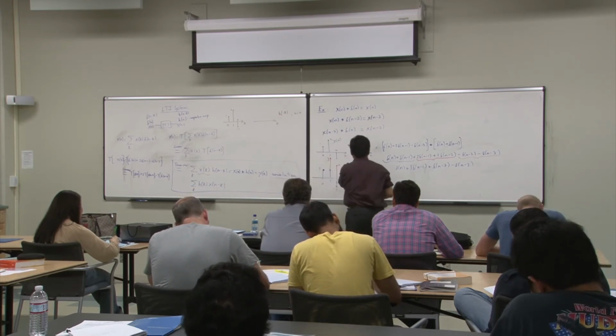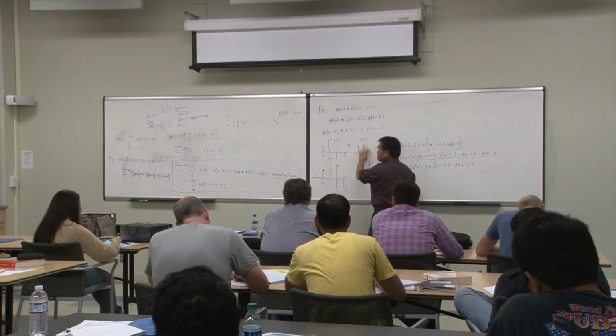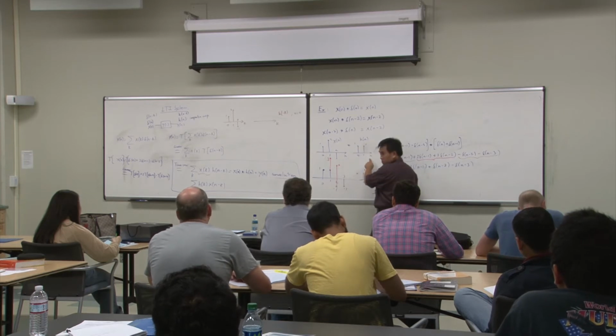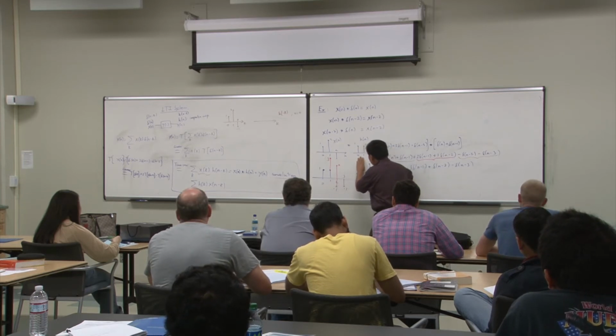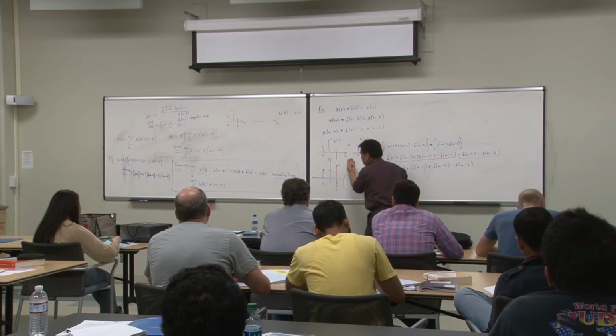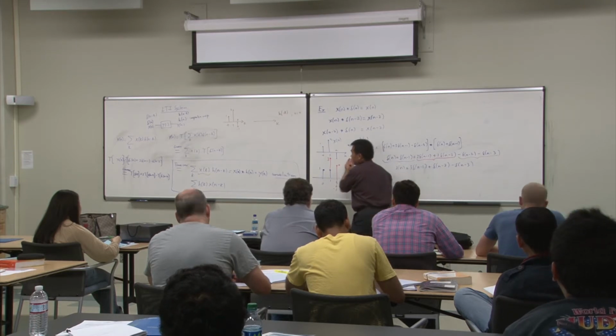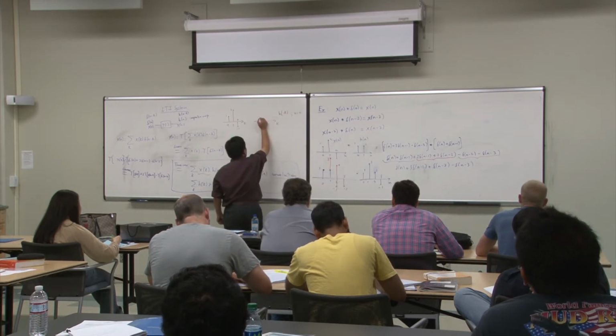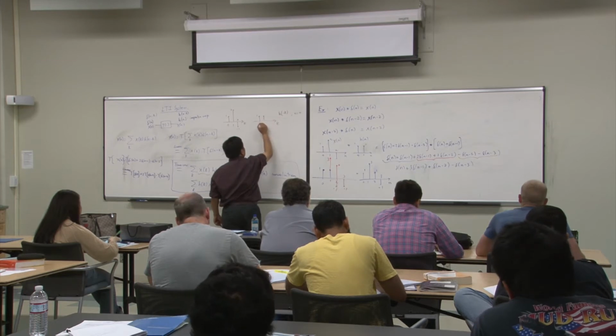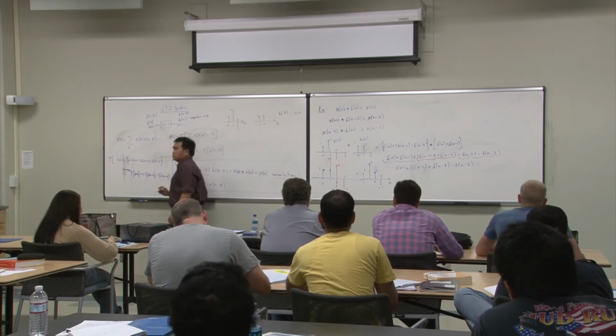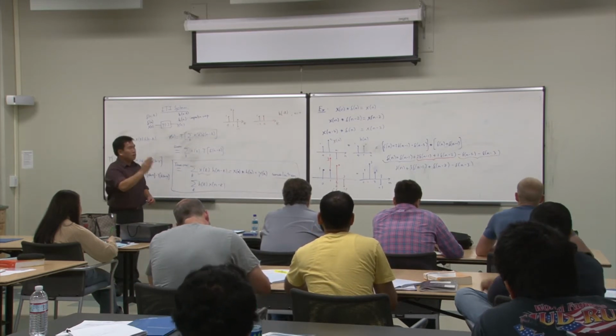Here is x of n, x of k exactly the same. It is x of minus n and minus k, you flip. So I will have this, flipping along the y-axis.